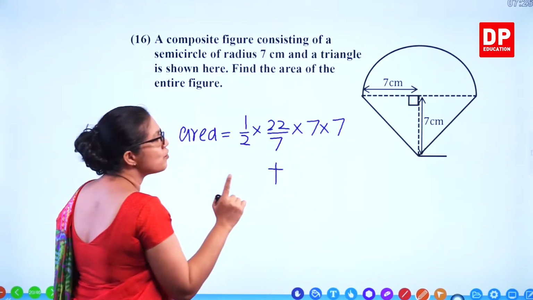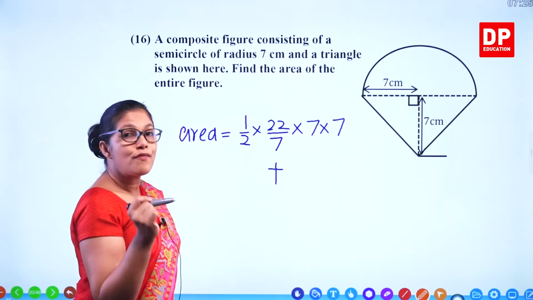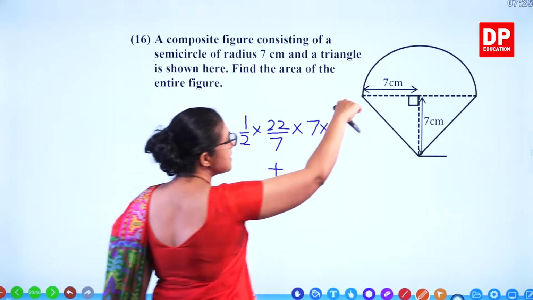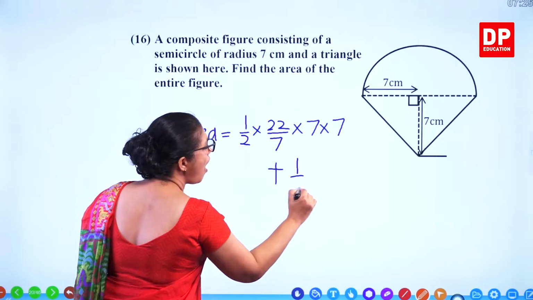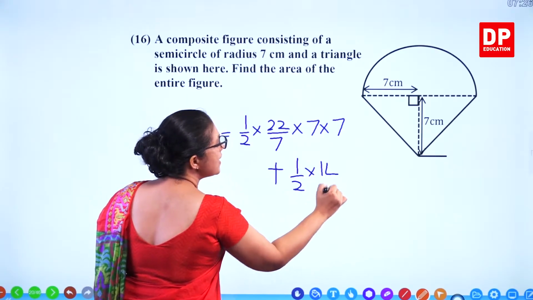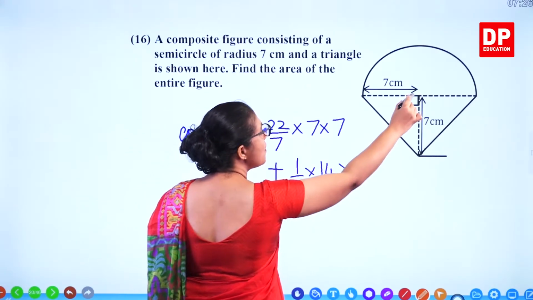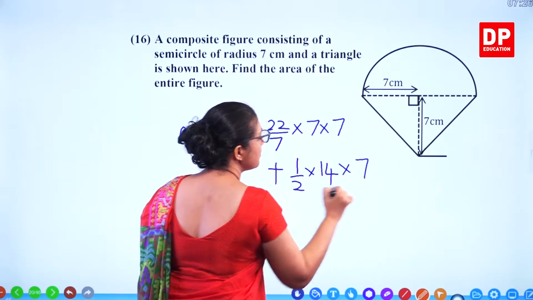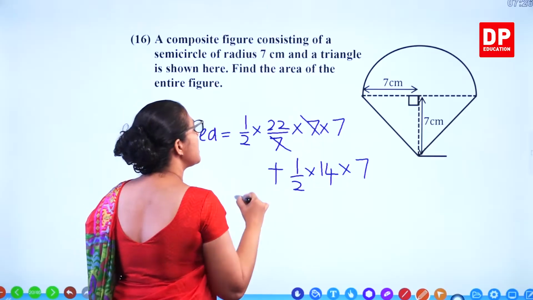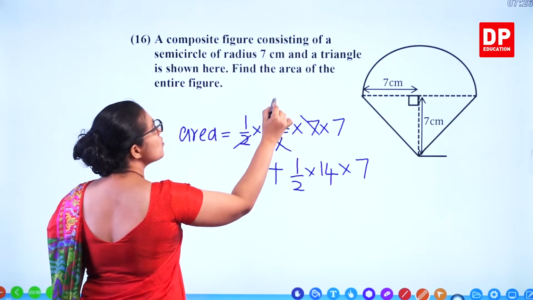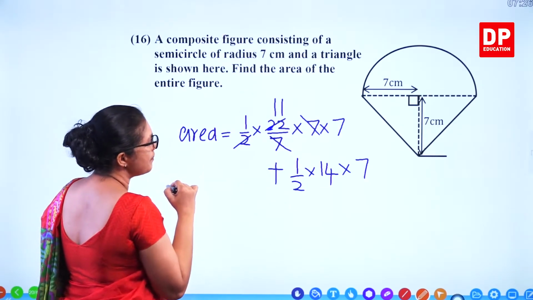And then you have to add the area of the triangle. So what's the base here? 7 and 7, base is 14. So half into base 14 into the perpendicular height. That's 7. Now simplify. 7, 7 get cancelled out. 2 with 22, 11.